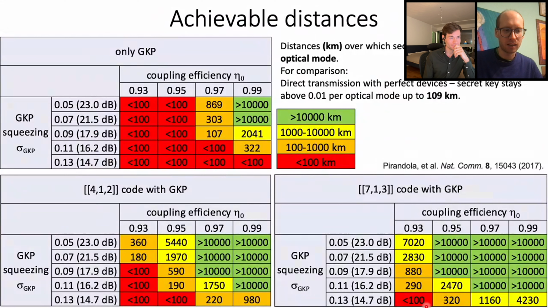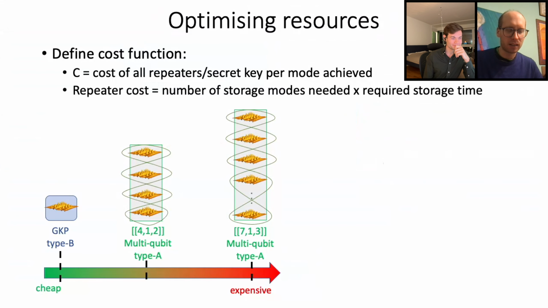Okay, so I think I can basically close to finish here. What I wanted to say is that the nice thing on a high level is that if you have these different types of concatenation, you can have this GKP repeater only. You can have repeaters that work with this higher level 4-qubit code and this higher level 7-qubit code.